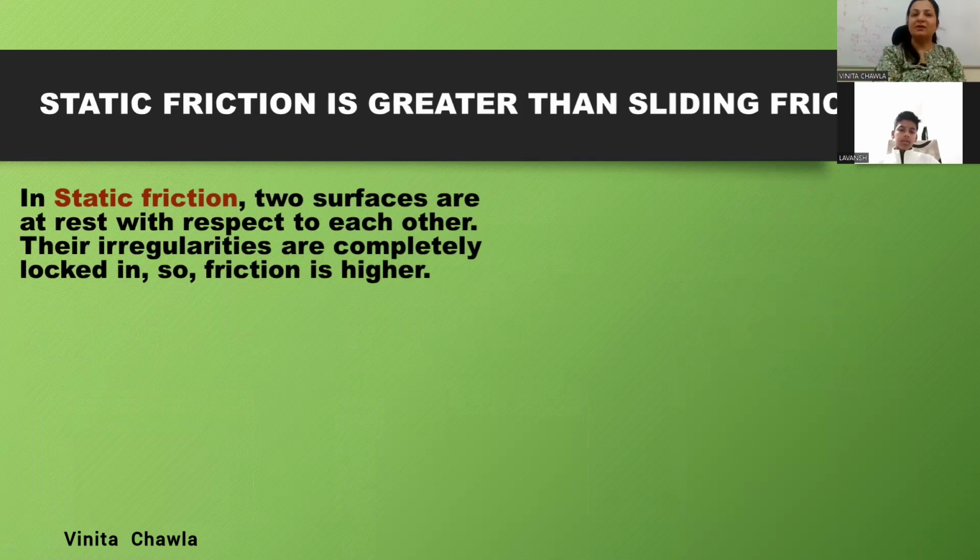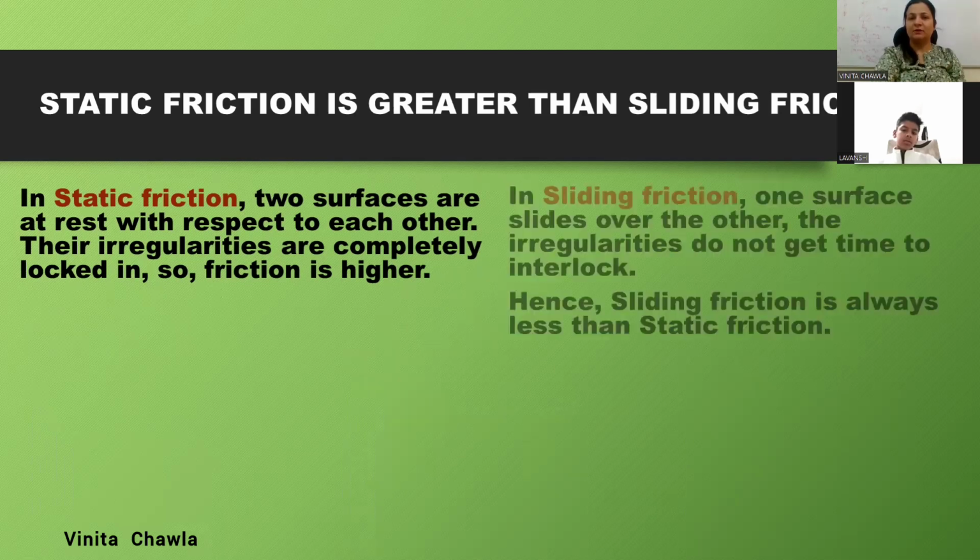When two surfaces are at rest with respect to each other in static friction, the irregularities are completely locked in, so friction is higher. But in sliding friction, one surface slides over the other and the irregularities do not get time to interlock. Hence, sliding friction is always less than static friction.